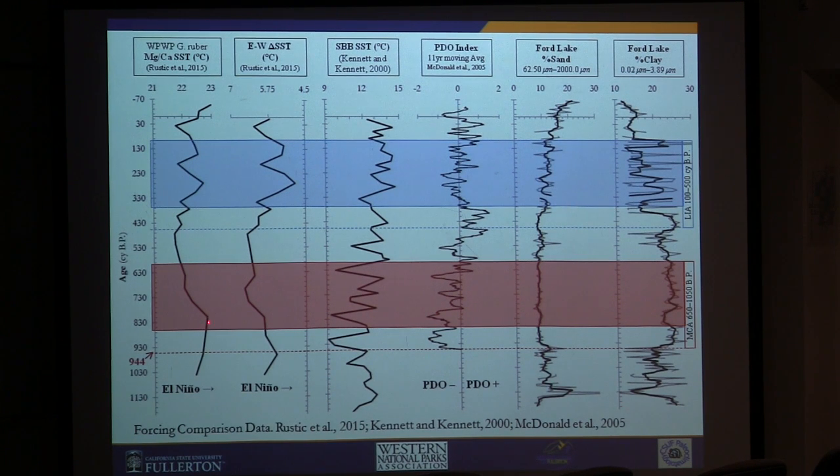So over here we've got it trending downward, so we've got a La Nina, which is drought. Up here we've got the fluctuations again, which seems to be the pattern going on for the Little Ice Age, but it's generally increasing in trend, and that follows our clay and sand at Ford Lake.